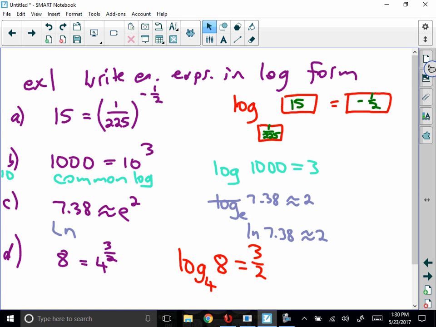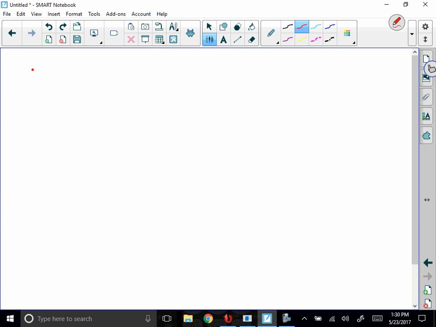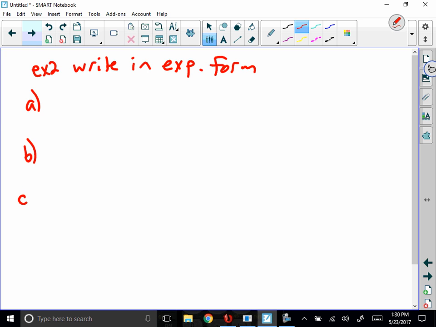All right, we got 2 more examples to do. Example 2. Write in exponential form number A, number B, number C, number D. The ln of 0.4 is approximately -1. The log base 2 of a half is -1. Is it always going to equal -1?